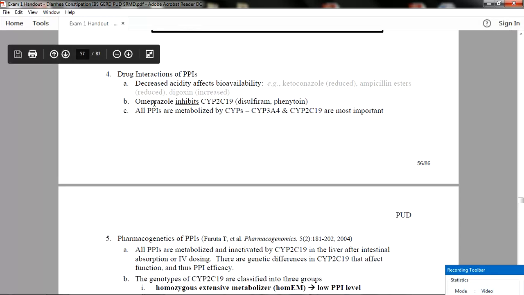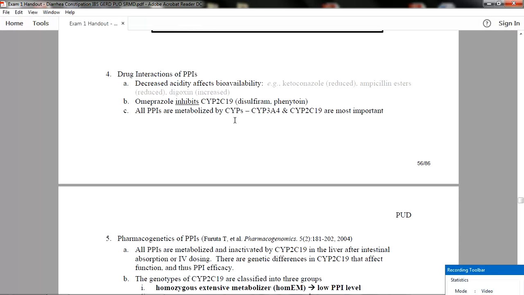A few of the proton pump inhibitors inhibit CYP2C19. I want you to focus on anything maybe Dr. Calusi talks about with that. All proton pump inhibitors are metabolized by CYPs, and what I want you to understand is that when I said proton pump inhibitors are activated by acid, that's kind of a metabolism.